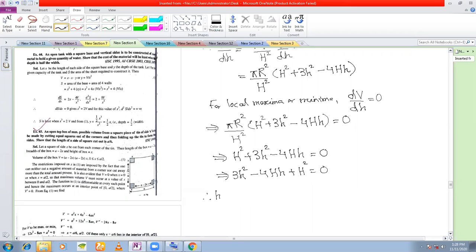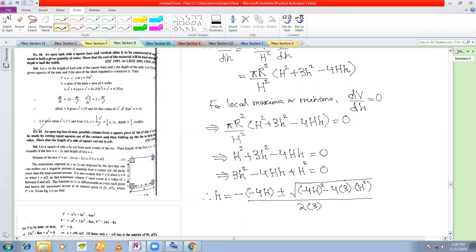Therefore, what is h? h is equal to minus b, that means 4H, plus or minus root under b square, 4H square, minus 4 into 3 into 1 into H square, divided by 2 into 3.